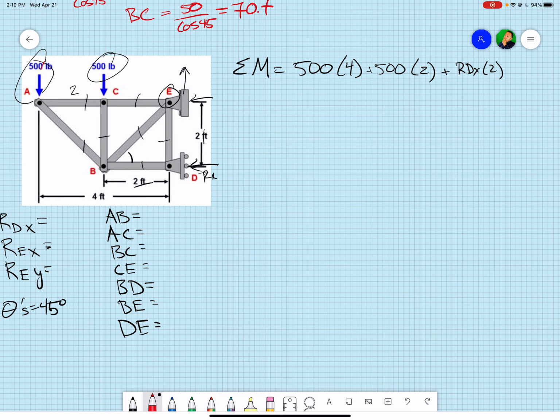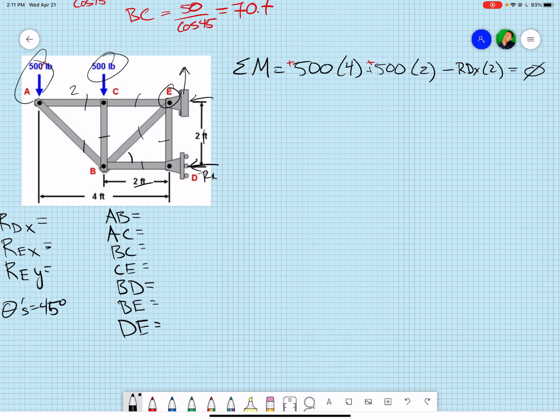All right, so those are both positives here. That means RDX is pushing counterclockwise. I put my thumb down to curl my fingers in the direction of RDX. So this is my negative right there. Okay, so I'm going to fix this just really quickly and make that a negative right there. All right, and these moments add up to 0.